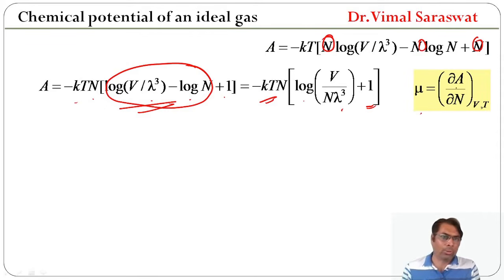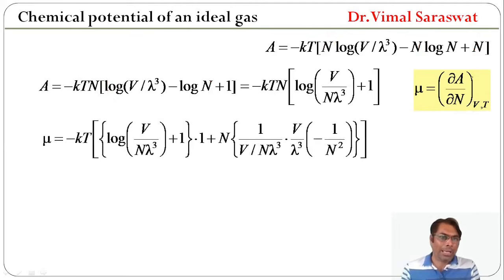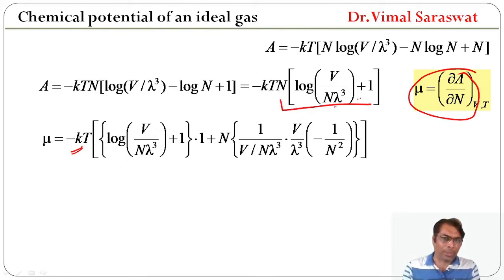Since mu equal to del A upon del N at constant volume and temperature, so if we apply the definition of mu by using this equation, then mu equal to minus kT, and we differentiate N log V upon N lambda cube plus 1 with respect to N. So by using the u into v method, first of all log V by N lambda cube plus 1 is constant and differential of N with respect to N is 1.